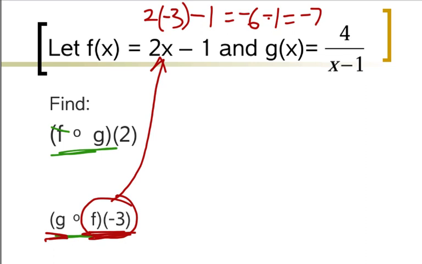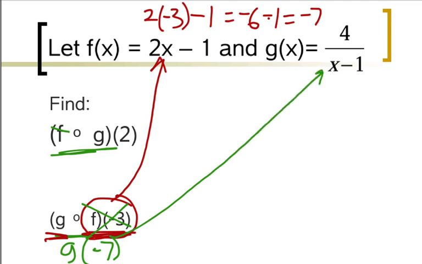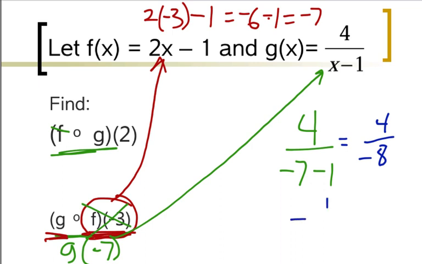This negative 7 is now supposed to go into the g function. So I cross this part out because I turned it into a negative 7, and now I plug that into the g equation right here. So it's 4 over negative 7 minus 1. That turns into 4 over negative 8, which should reduce to negative 1/2. So my whole answer is negative 1/2.